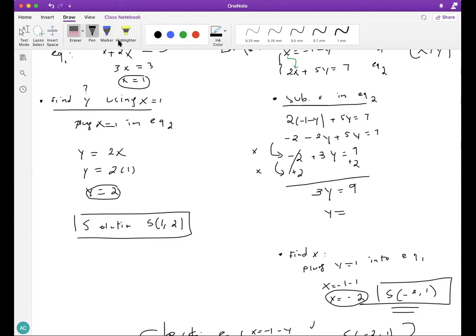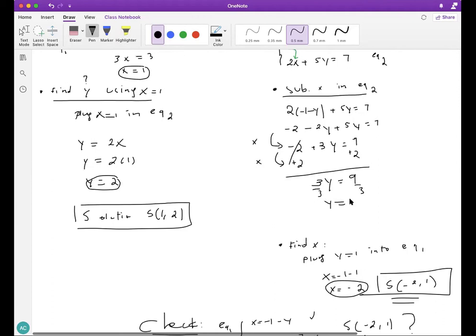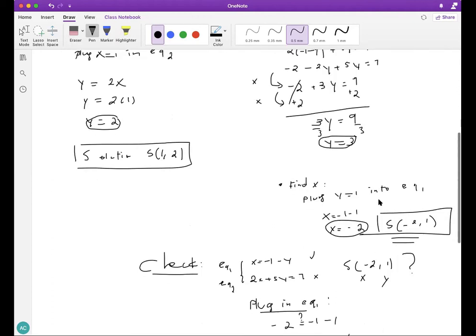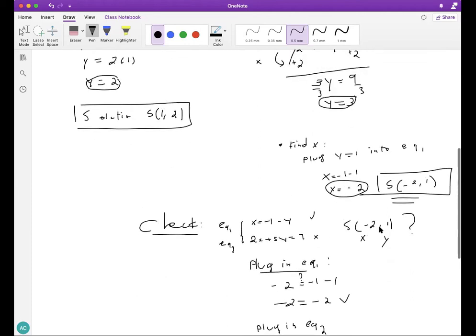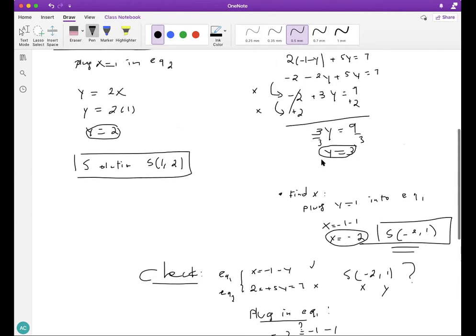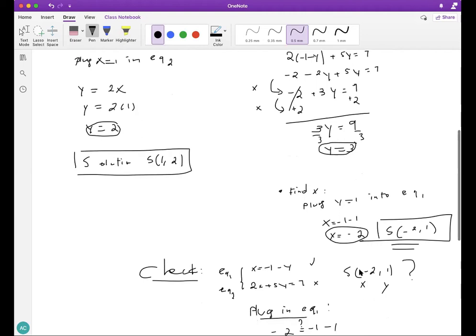Okay, so finally, if you divide by 3, y will be 3. Hopefully now this should work for the second equation. Again, your solution must work for both. If it doesn't work for both, then it's not a solution. But here, when we solved, we were looking for a solution, so we should have a valid solution for both.